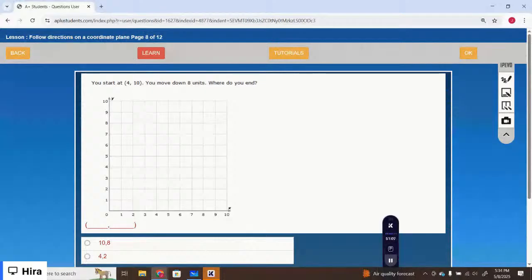You start at (4, 10). You move down 8 units.